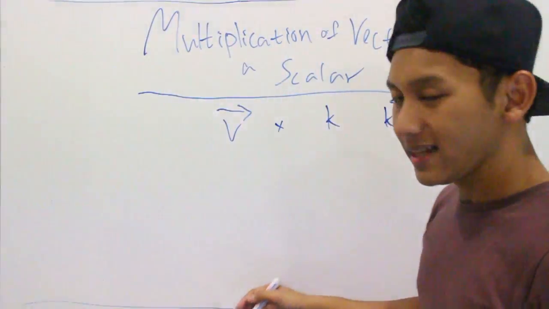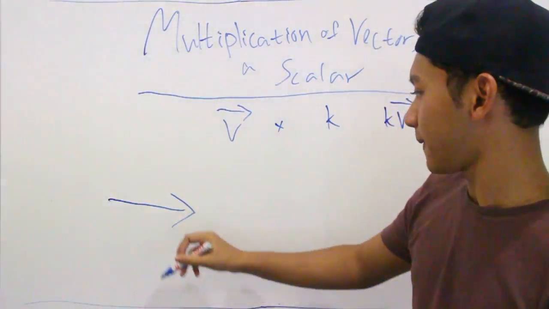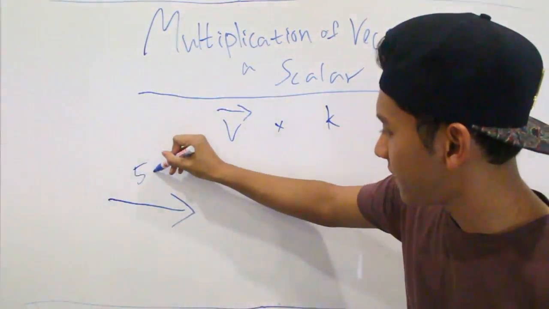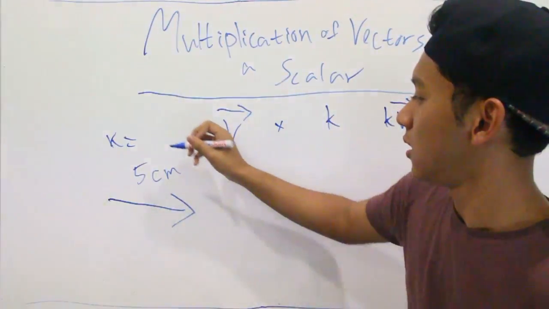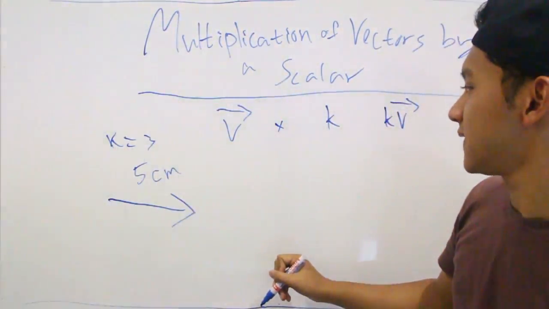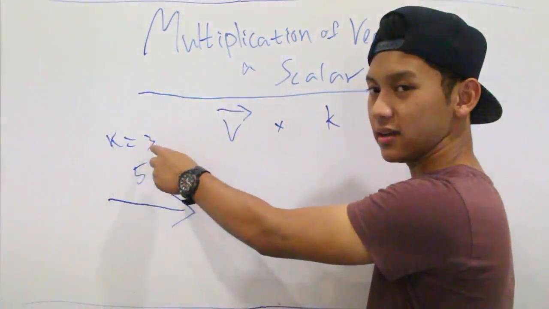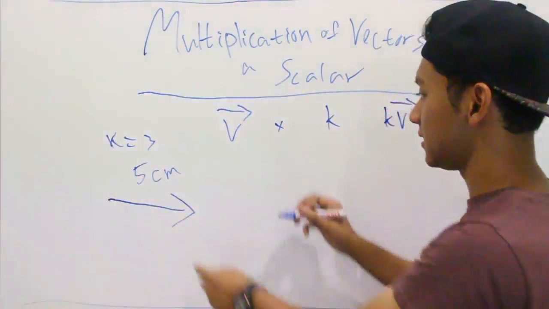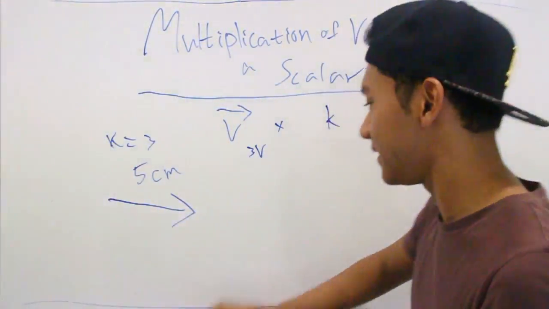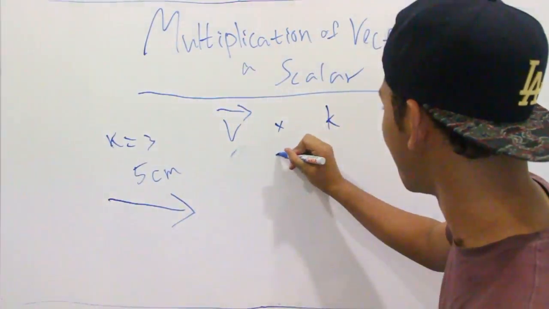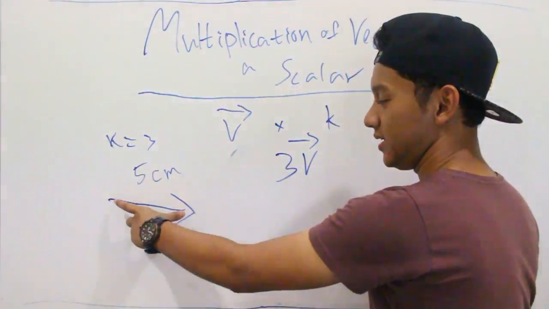Let's draw a vector v. This is vector v. Let's say the vector v has a length of 5 centimeters, and k is equal to 3. Now we multiply this vector by k, which means 3 times the vector v, 3v. So 3v means 3 vector v's.